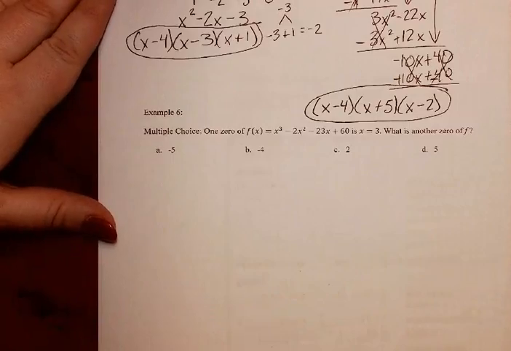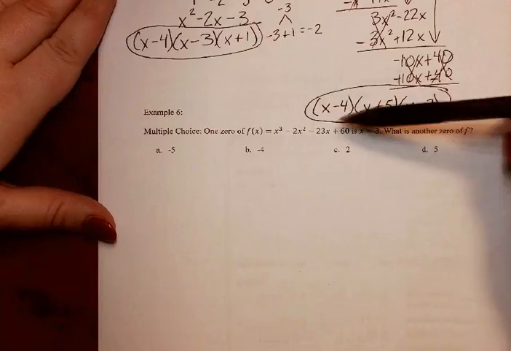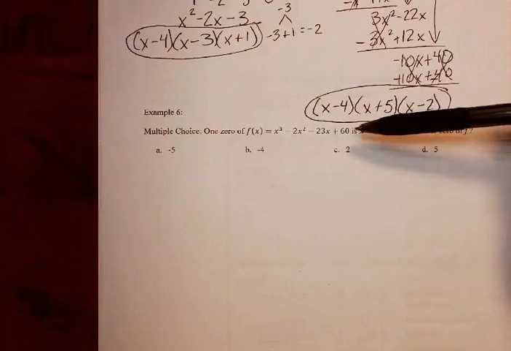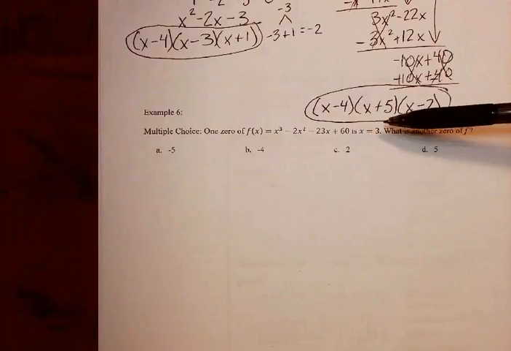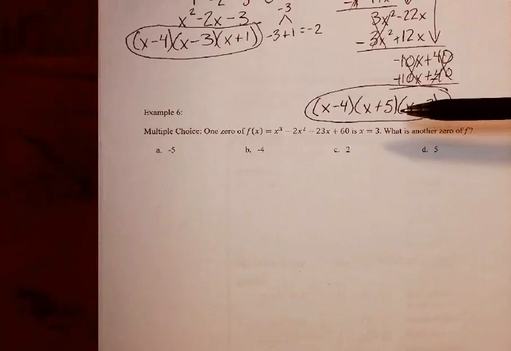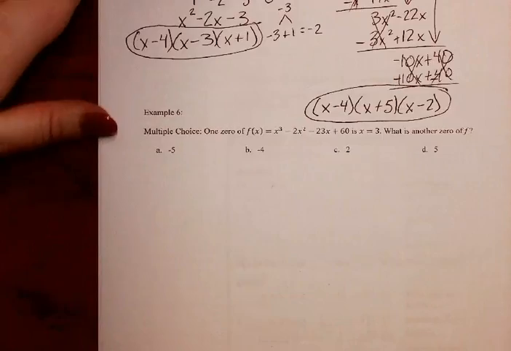We can divide our polynomial here by x minus 3 and then factor from there, or we can use the remainder theorem. And the remainder theorem goes a little bit faster, so I'm going to use that one.